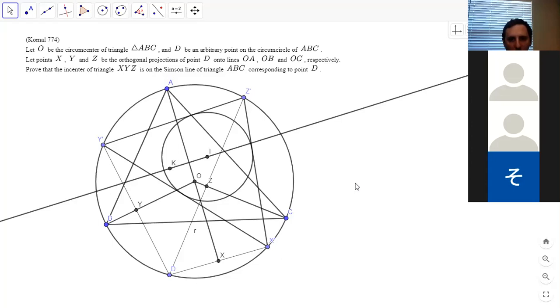Just know that it is through the orthocenter. Okay. So just the definition of it. So yeah, we want to show IK is parallel to the Simpson line.